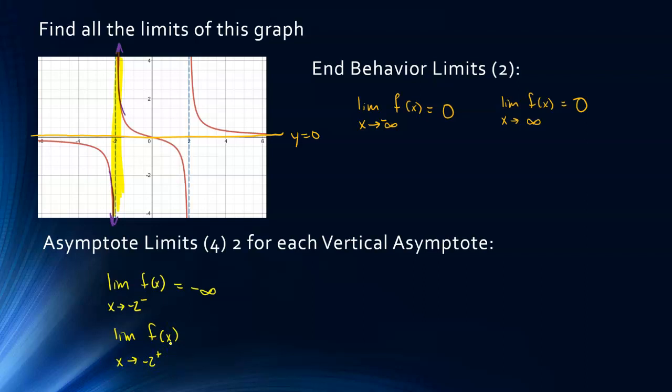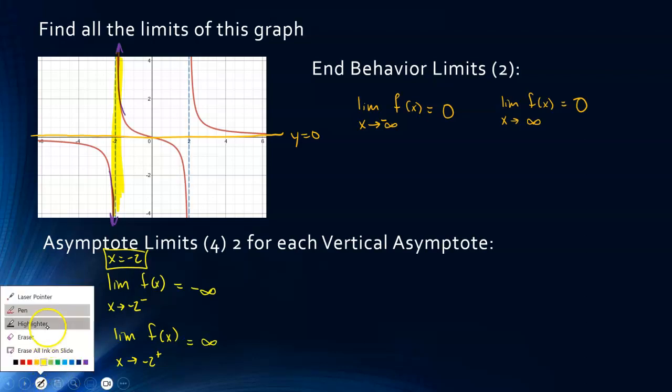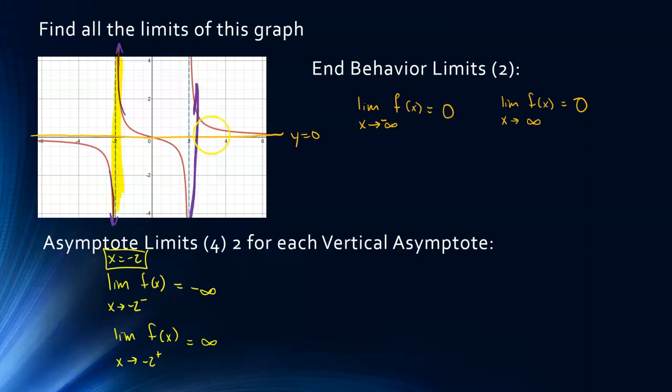Now for the right side of that asymptote, again, this is for the asymptote where x equals -2. On the right side of that asymptote, we can see that the graph is going infinitely upwards. Now we would do the same thing for our other vertical asymptote, right here.